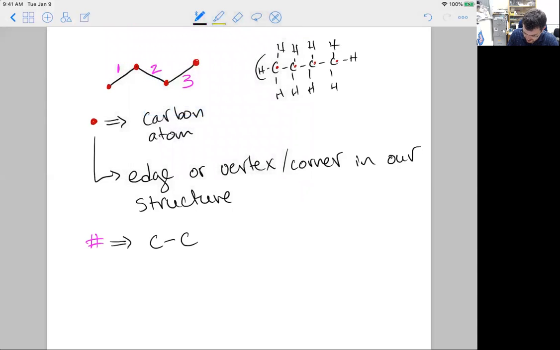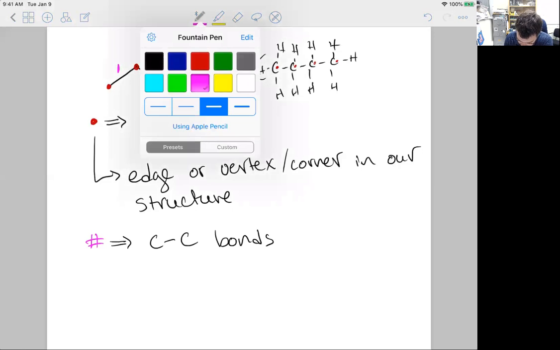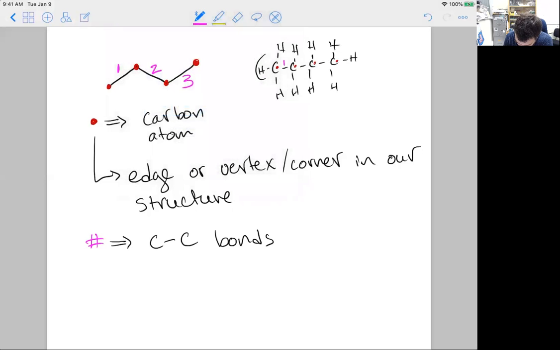If you look, even though there are 4 carbon atoms, they can only be connected by 3 carbon-carbon bonds. So we draw the carbon-carbon bonds as lines, but we introduce changes of direction, vertices, corners, so that we're able to better visualize the number of carbon atoms.